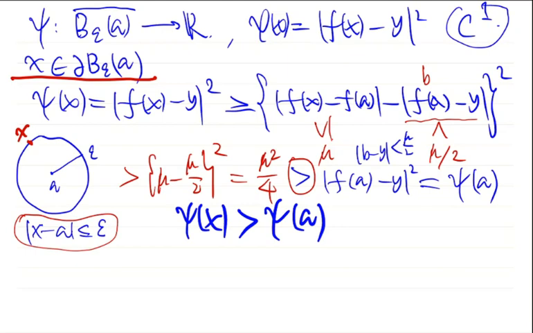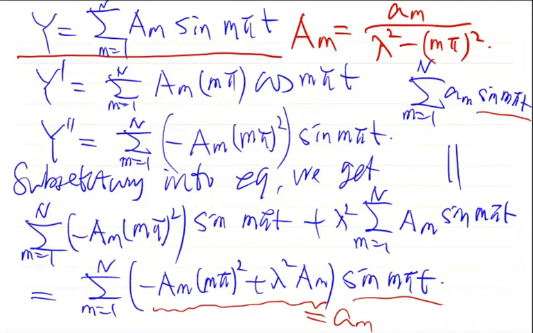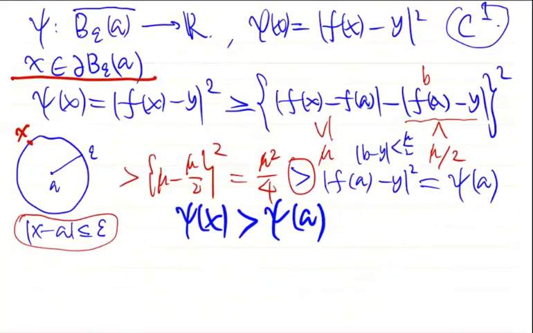So the minimum point could not be taken on the boundary. The minimum point is taken at an interior point here.